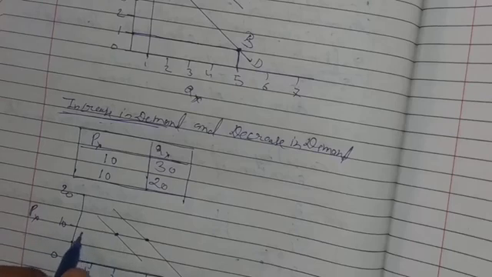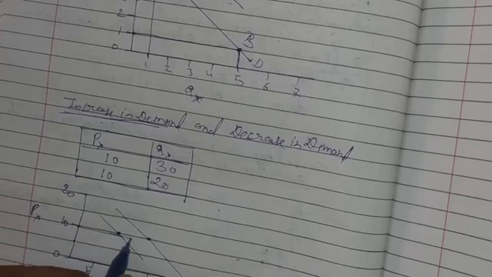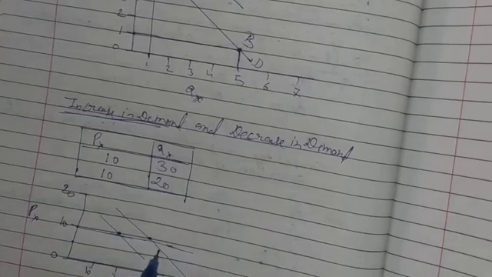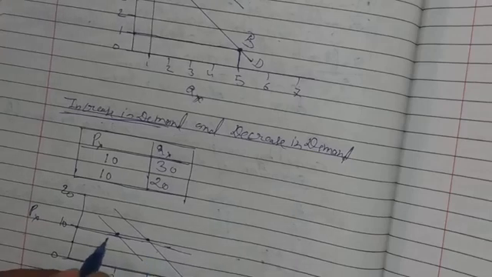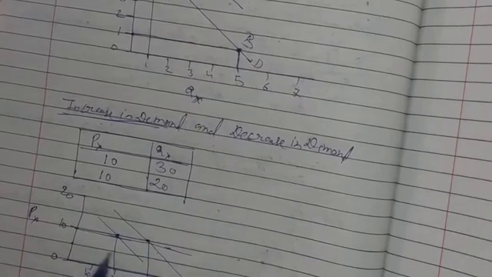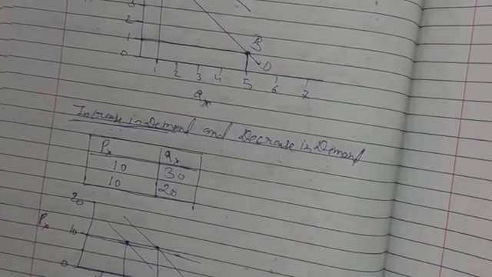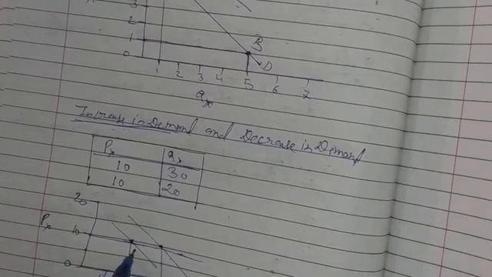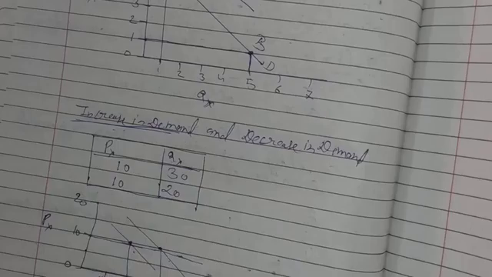So this demand curve shifts from this place to this place. This is called decrease in demand.